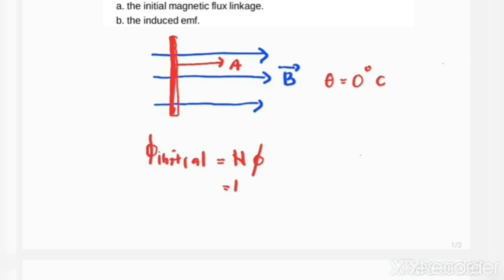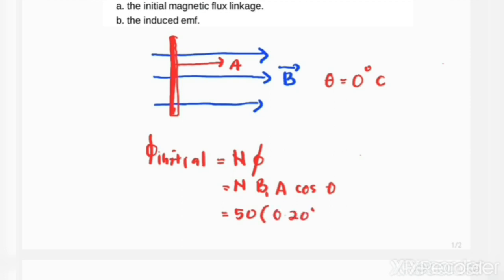So we have N, and flux is actually BA cos theta. And for the initial flux, the B is the initial magnetic field.